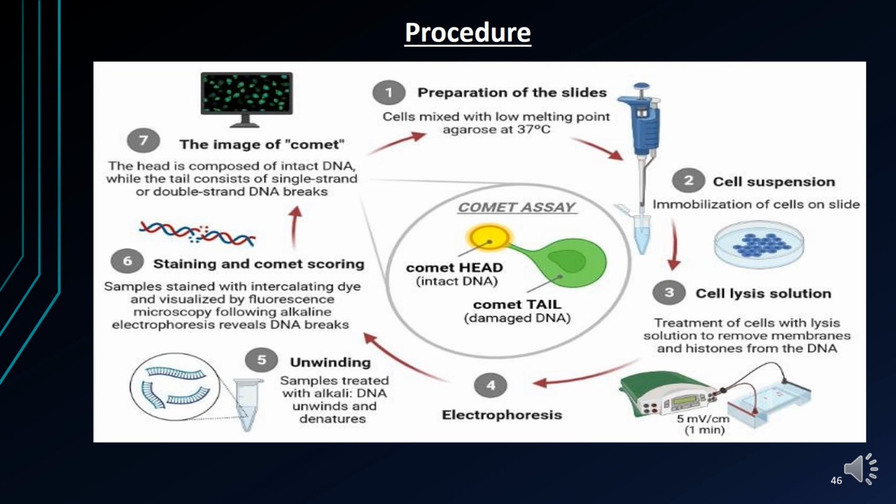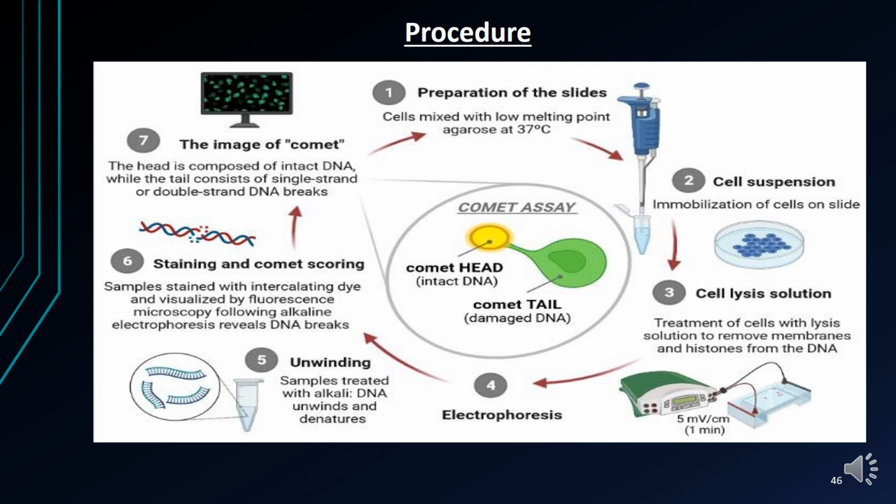So here the DNA will be separated from the histone and will be free for the electrophoresis process. During the electrophoresis, unwinding will occur when it is treated with alkali. So DNA unwinding and denaturation will occur. After that, the staining and comet scoring will be done.